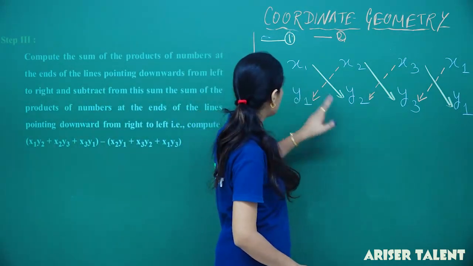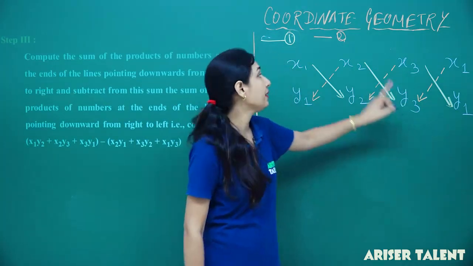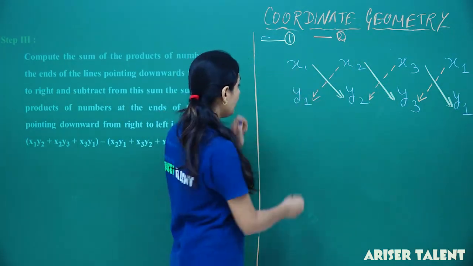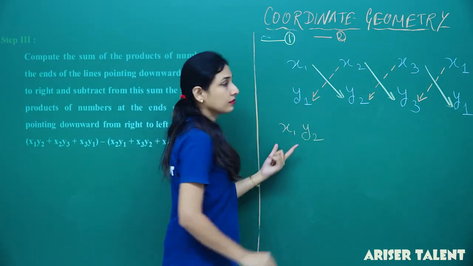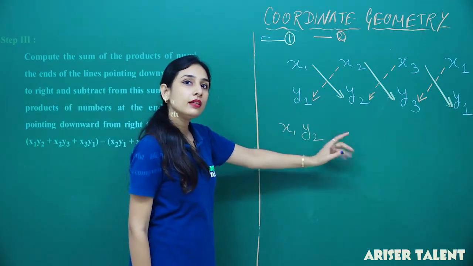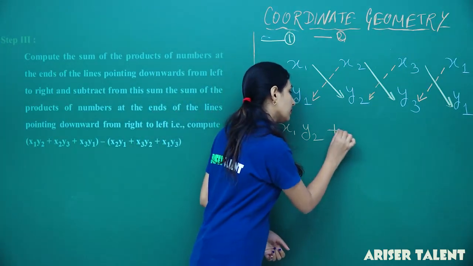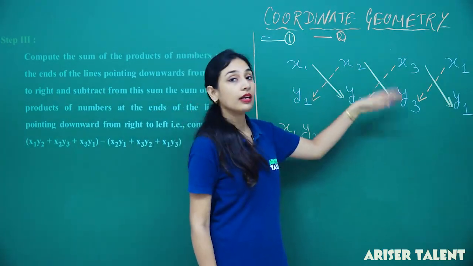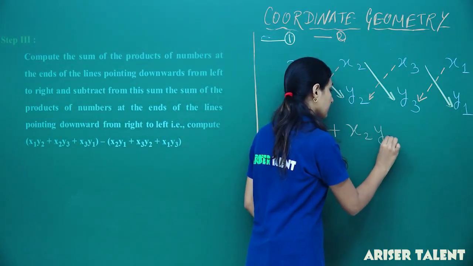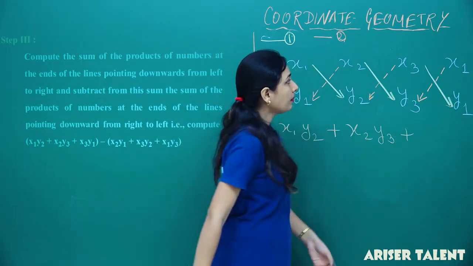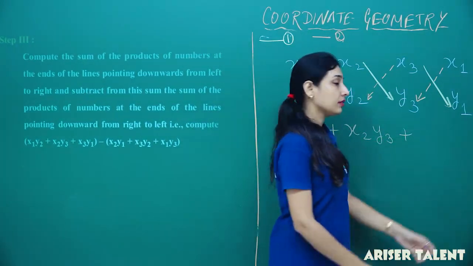I've told you that you have to go this side first, this yellow side first. First is the yellow side. So you have to take it like x1, y2. One arrow completed, then add a plus. This side, x2, y3. Plus x3, y1.